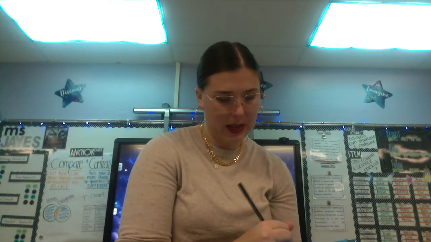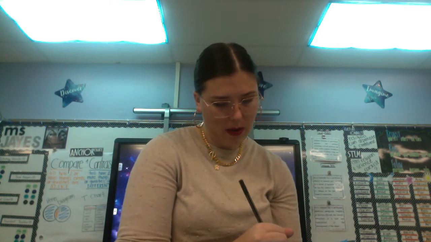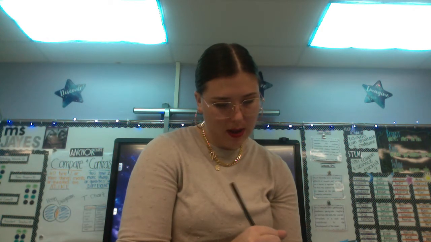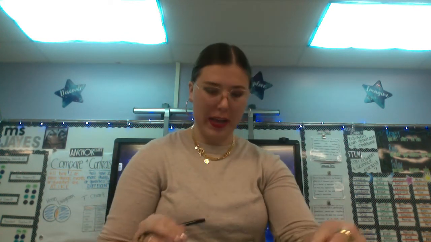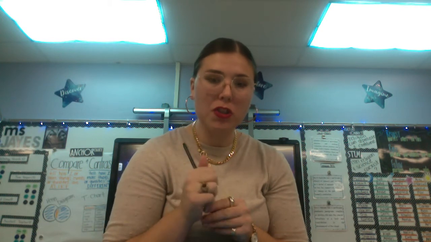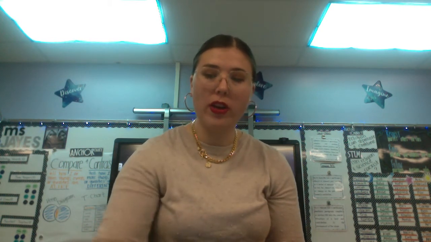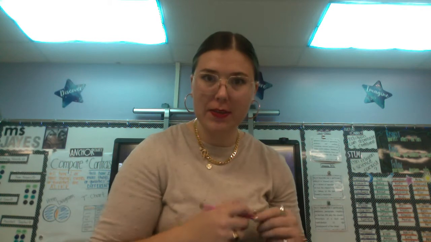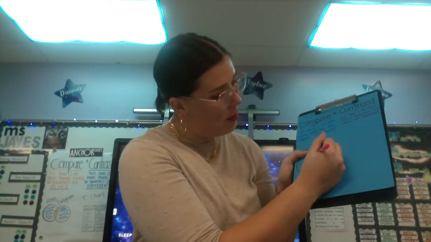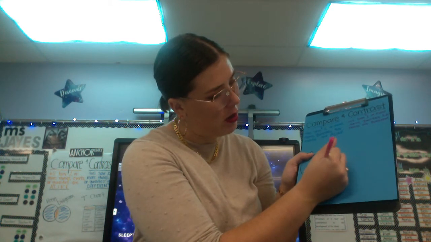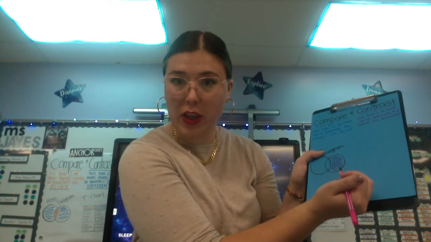So I will label this the Venn diagram. Now, in a Venn diagram, the outermost circles are going to be what is different. So because it is different, it is the contrast. If you have colors, you can just color it in.